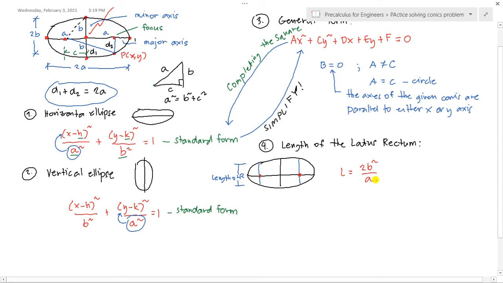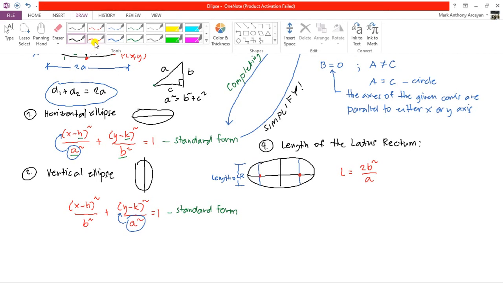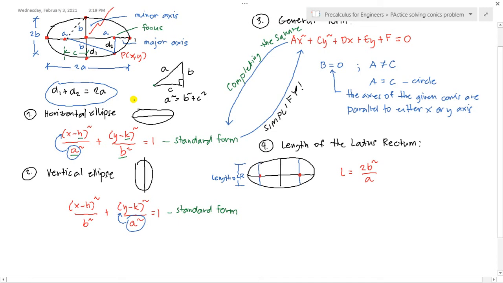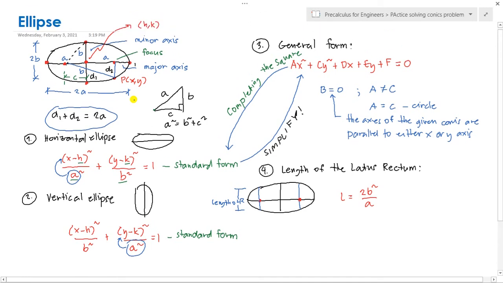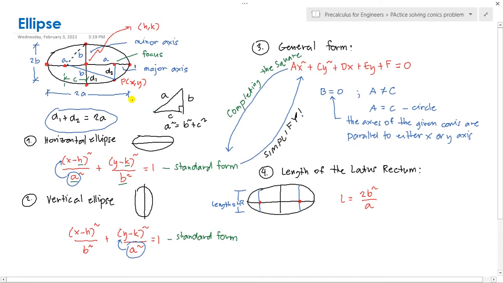So that is the length of the latus rectum bisan pag naka-horizontal or naka-vertical ang imuha ellipse. Magana ang general formula for your latus rectum, that is i-square sa nimo ang length sa minor axis, multiplied by 2 and divided by the length of the major axis. So mara siya imuhang tigaman sa ellipse. That is, you're going to determine the standard form.